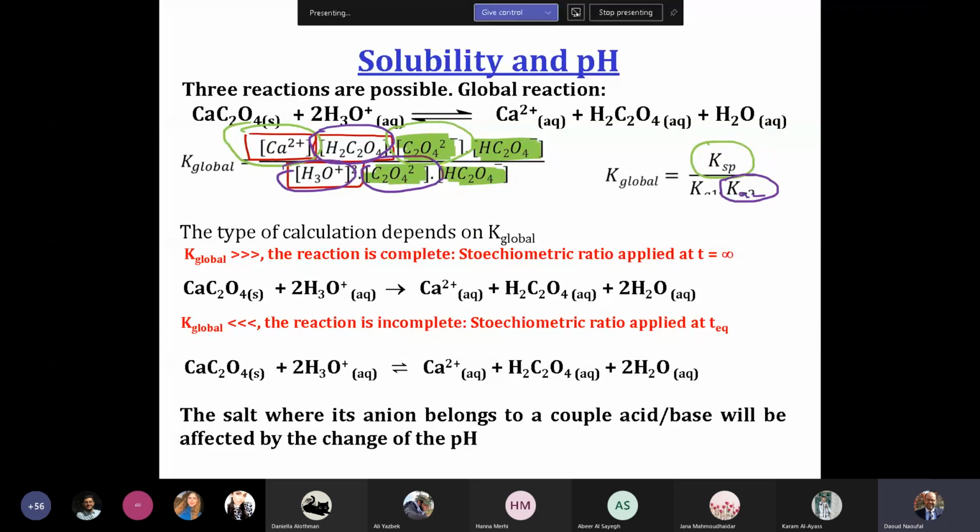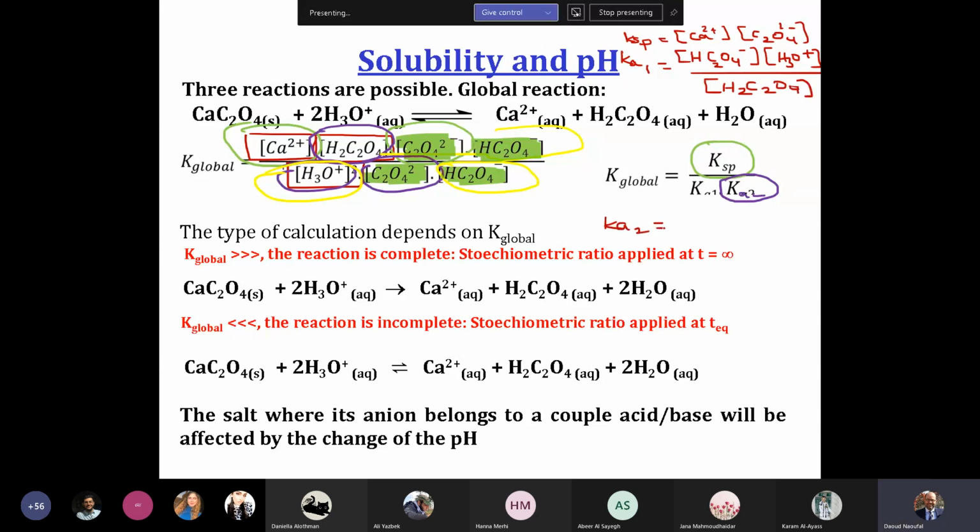I have to write: KSP equals Ca2+ times C2O4 2-. Ka1 equals HC2O4- times H3O+ divided by H2C2O4. Ka2 equals C2O4 2- times H3O+ divided by HC2O4-.